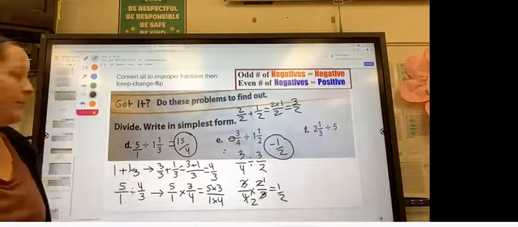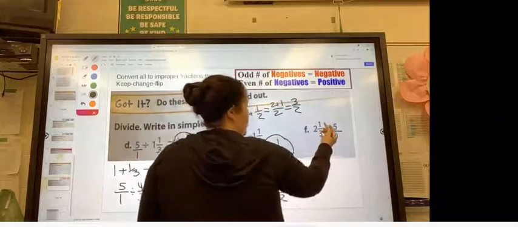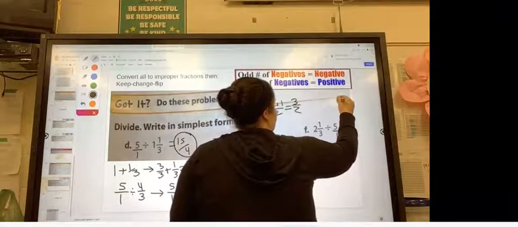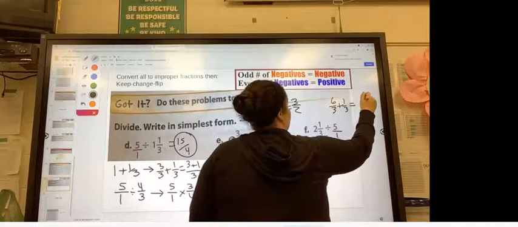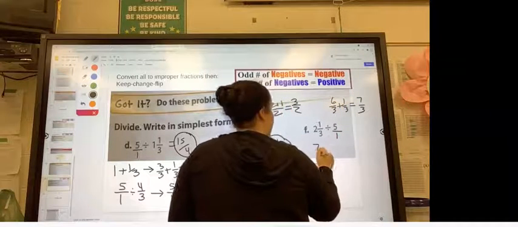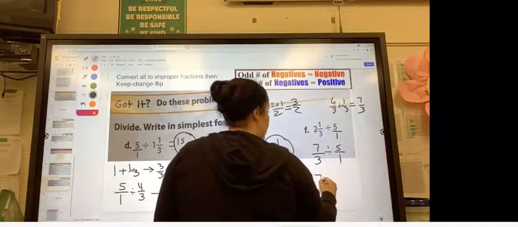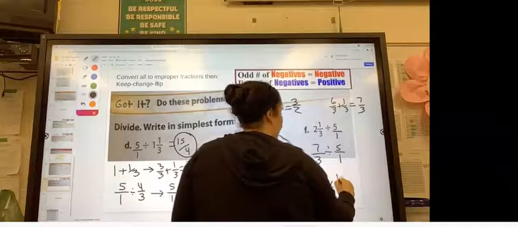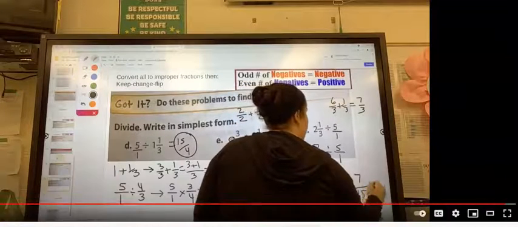Last but not least, convert, this is 5 over 1. 2 1/3 as a mixed number is 6 over 3 plus 1/3, which equals 7 over 3. 7 over 3 divided by 5 over 1. Keep, change the sign, flip the last number, 7 over 15.